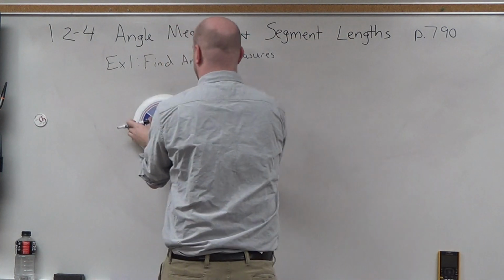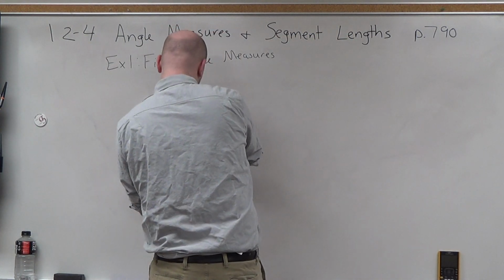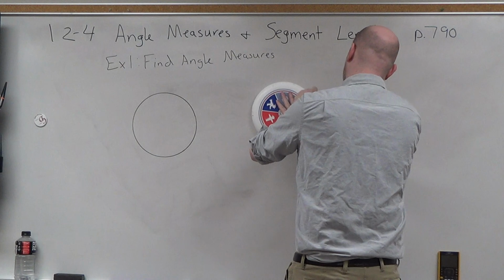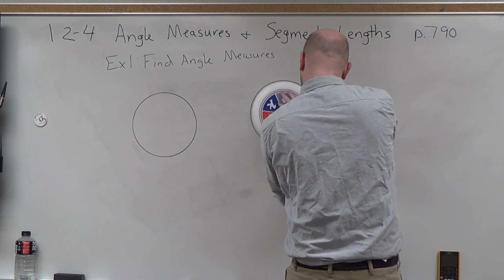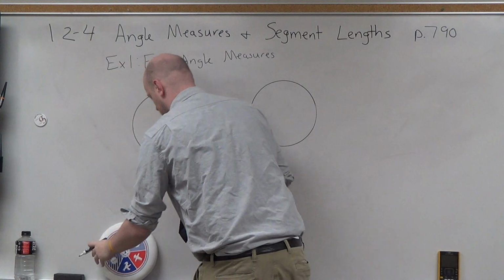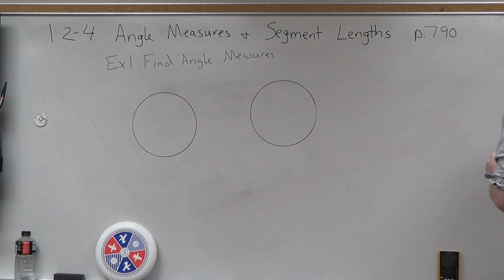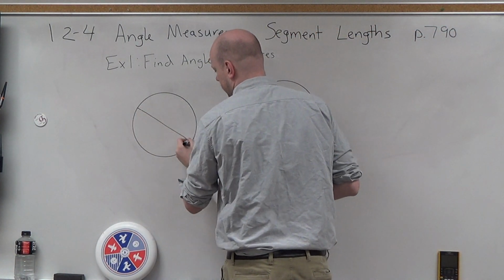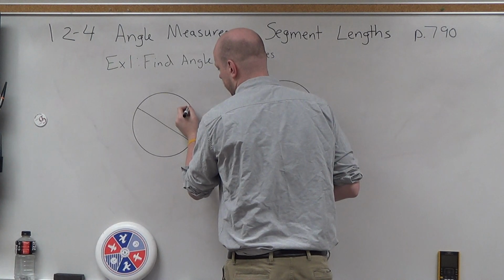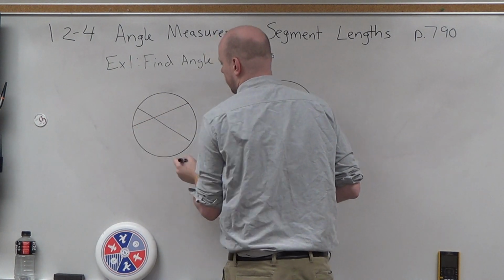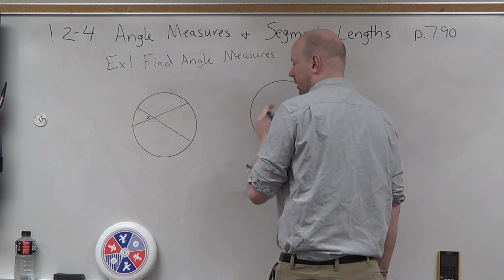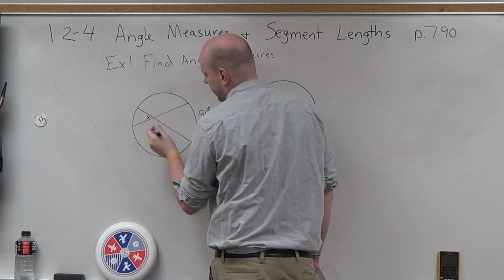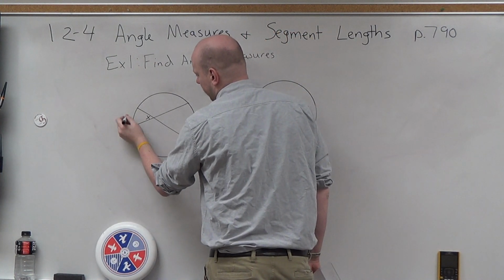So, okay, so let's see. 2 circles. I have, let's see, X. This looks like a 90, sure. And then this looks pretty small. Let's go with 24.